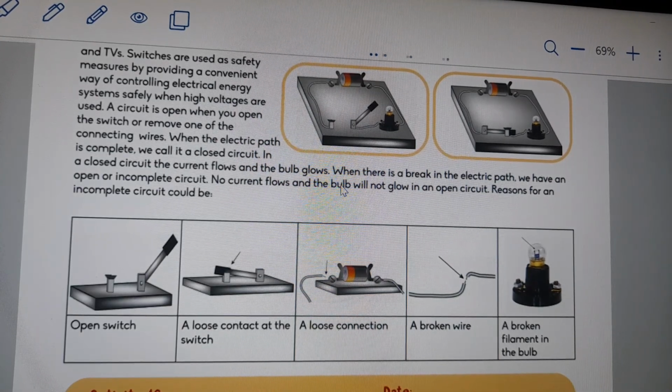No current flows and the bulb will not glow in an open circuit. Reasons for an incomplete circuit could be an open switch, a loose contact at the switch so it's not touching fully, a loose connection, a broken wire, or a broken filament in the light bulb.